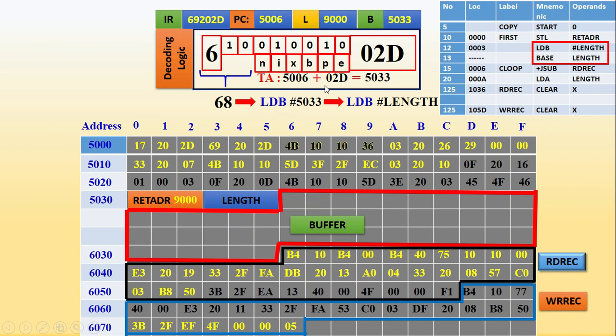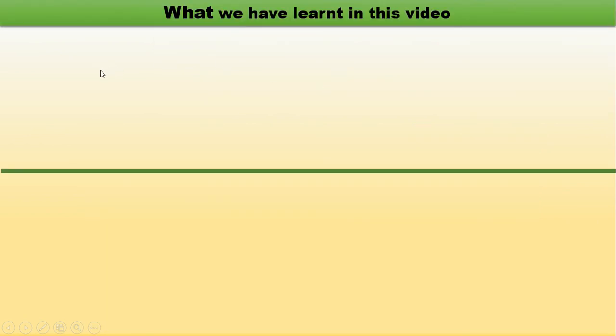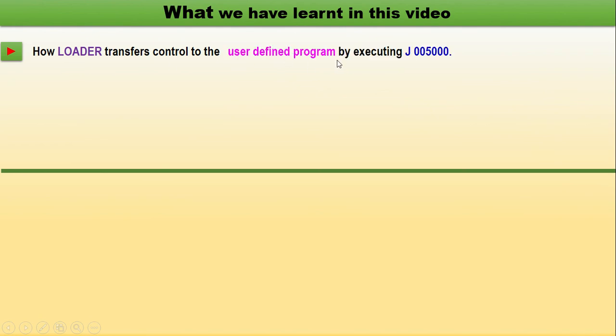Okay, so far, can you tell me what are all the points that we have learned in this session? We know how the loader transfers control to the user-defined program by executing a jump to location 5000, because 5000 is the address given by the operating system.